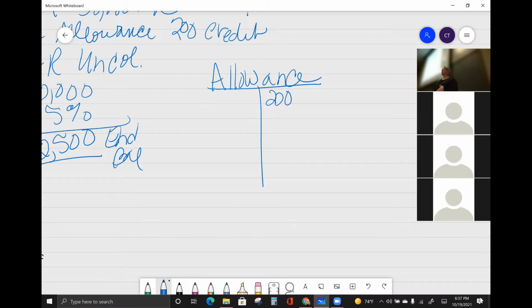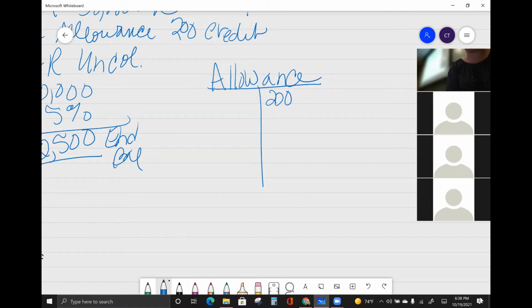The 2,500 is going to be a debit or a credit in the allowance account. When we set it up, it's going to be a credit. We want it to be a credit balance. So we want the balance to be 2,500, but we already have 200 in there. Yes, we're going to subtract and get the difference.